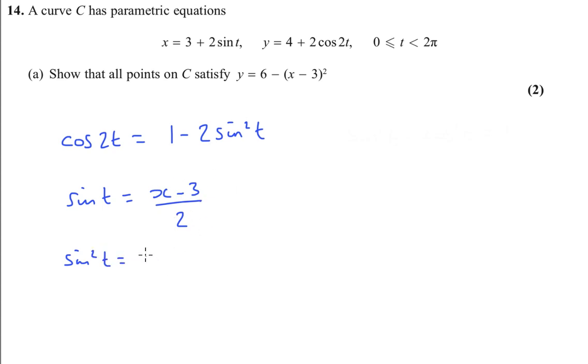So that's going to be the square of this, x minus 3 over 2, so x minus 3 squared over 4.